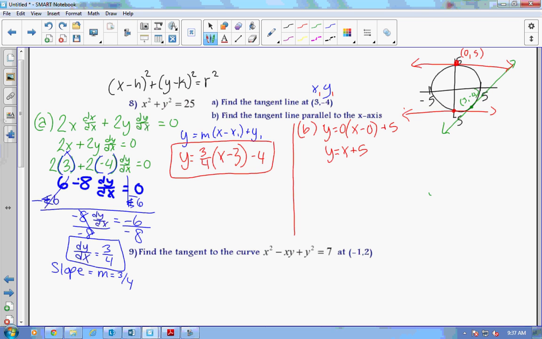And does that actually make sense because the y-intercept is 5? Yes, because we multiplied by 0. The slope is 0, and it crosses the y-axis at y equals 5. That's one of them, but there are two. So you can probably just tell me. Yeah, y equals -5.